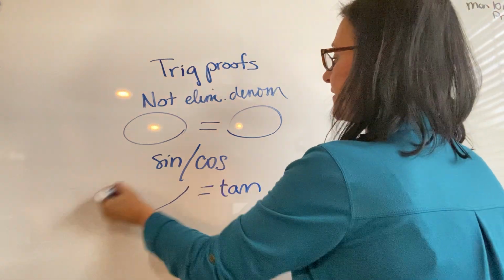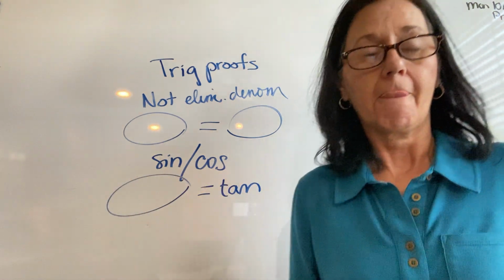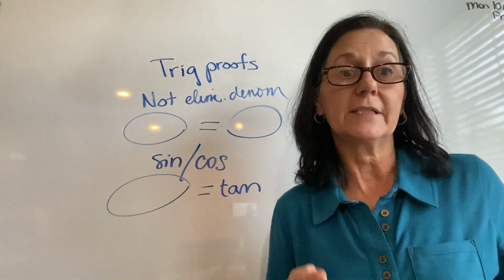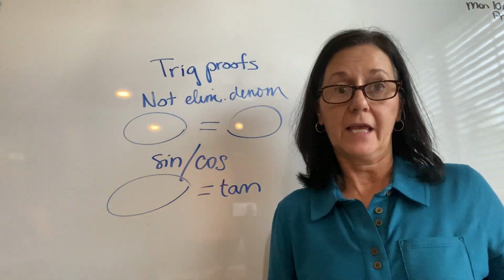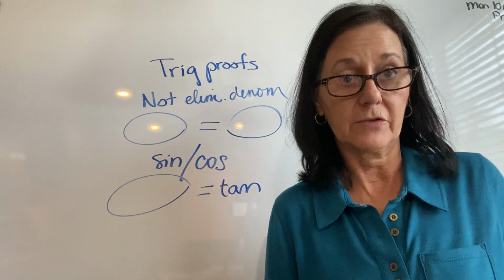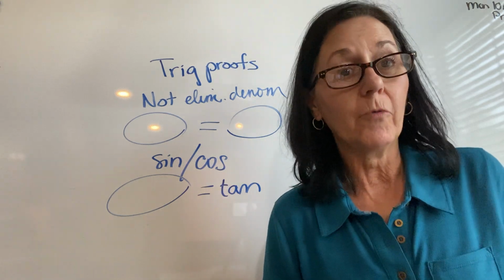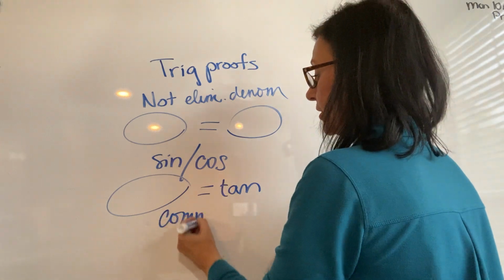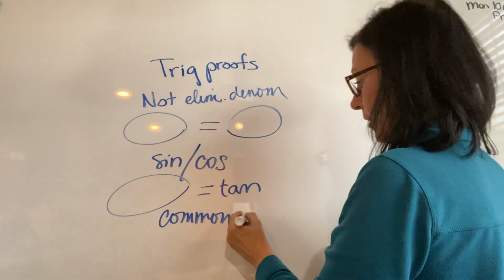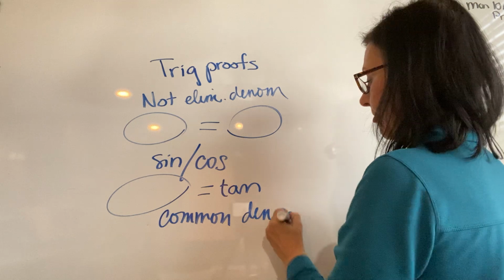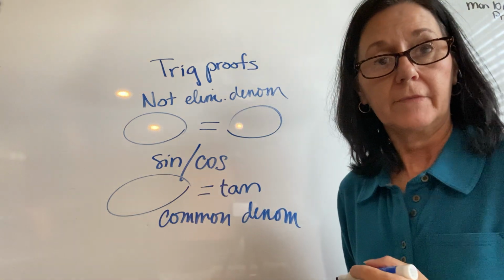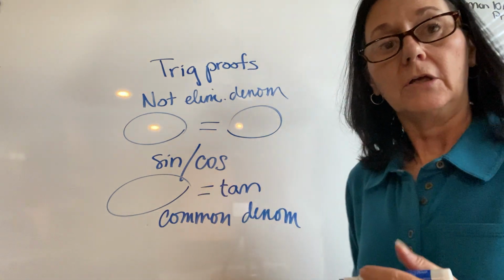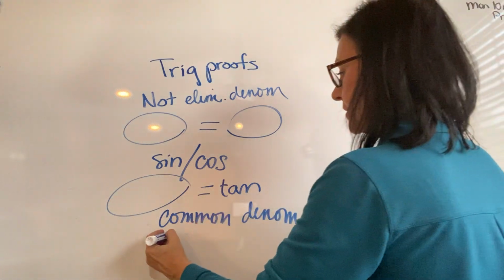If I have the tan equals a blob, then I'm going to try to go to the tan, remembering that the tan is the sine over cosine. I will use common denominators, so I am going to look for common denominators. I'm also going to look for conjugate terms.